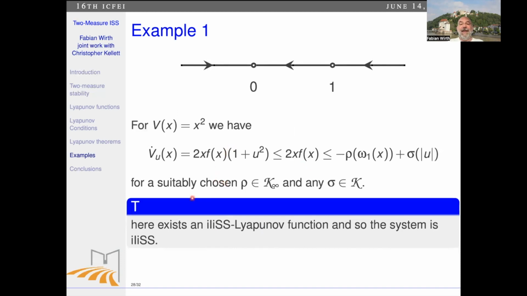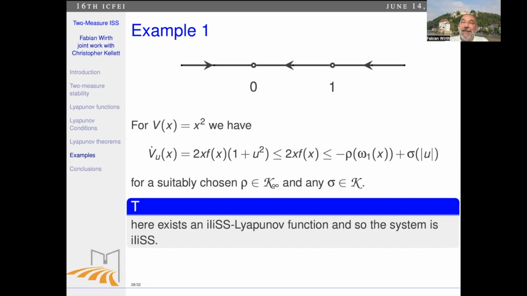Yeah, and so what we'll do is we'll take the Lyapunov function, omega-2 equal to x squared. And then you have a small computation. And from this decay condition, actually, you will see that you get the integral input to integral state stability property.